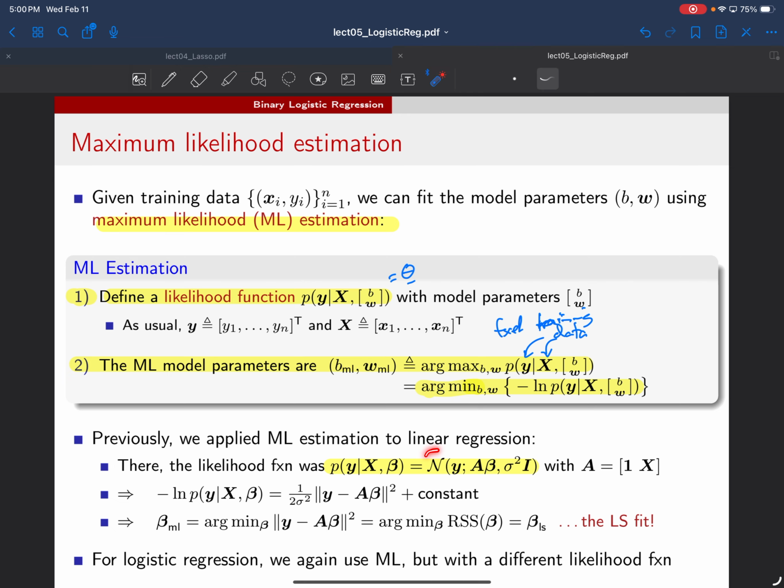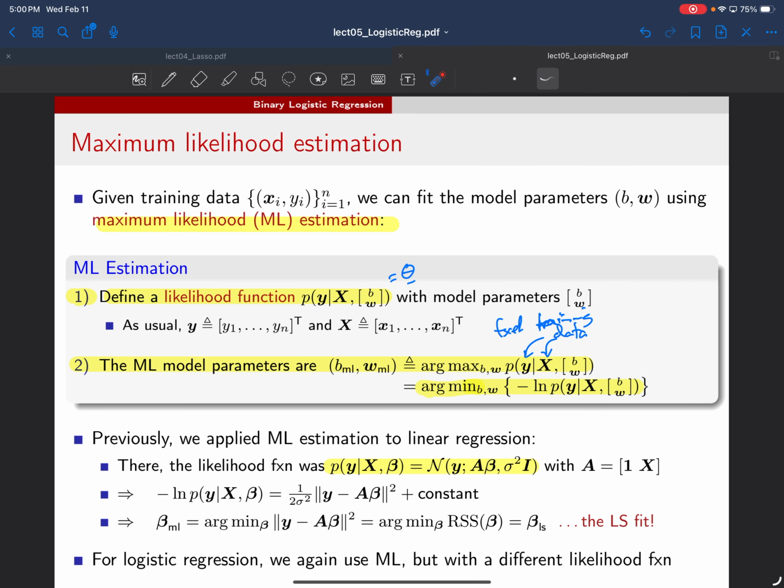Here we have a Gaussian model where the mean is alpha times beta and the variance is sigma squared. When you take the negative log of this, you get this expression, which is a quadratic plus a constant. And then the minimizer of this with respect to beta is the same thing as minimizing RSS. Okay, so that's just a review of what we did in the last lecture.